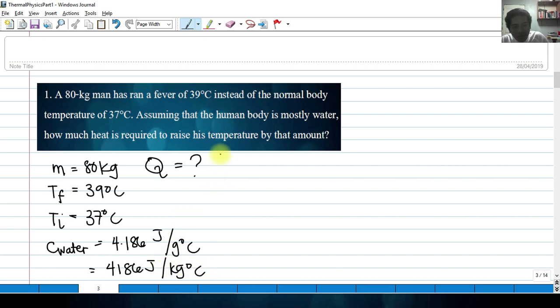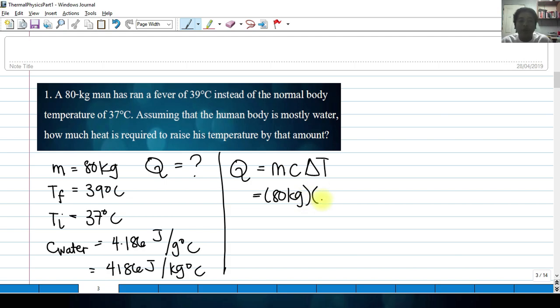So let's compute the amount of heat required to raise its temperature by that amount. That is equivalent to Q equals mass times specific heat times delta T. So we have the mass, which is 80 kilograms. Specific heat, what are we going to use here?